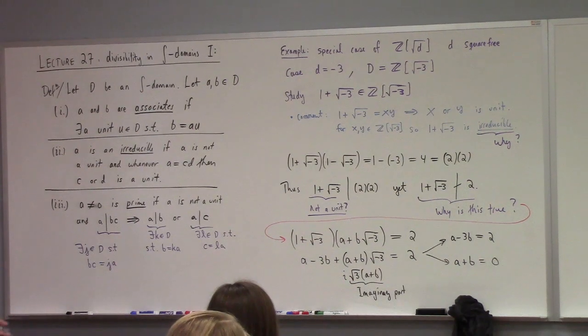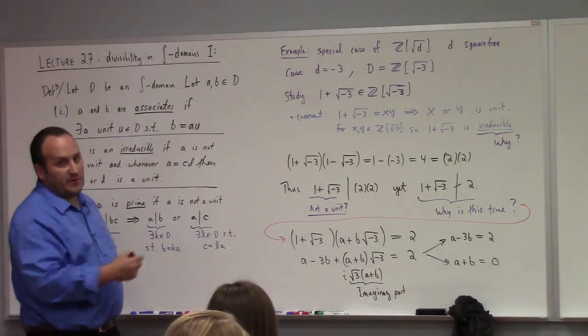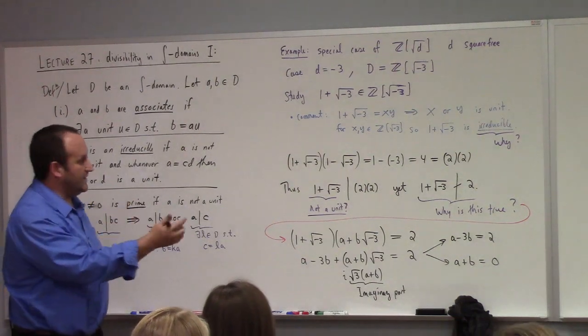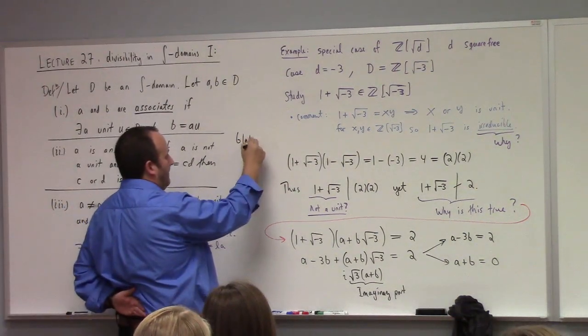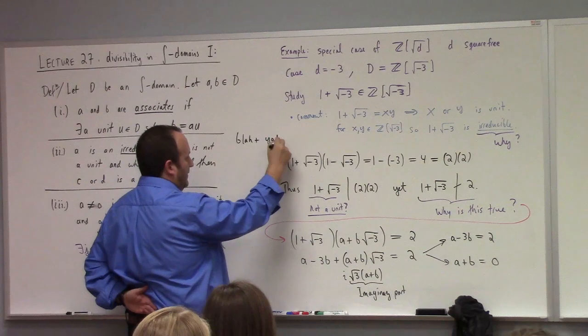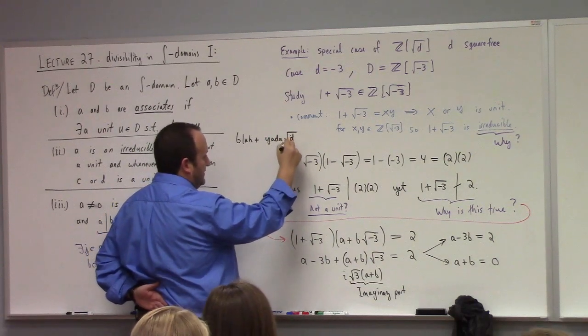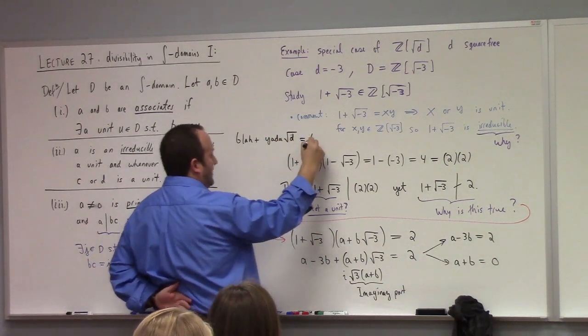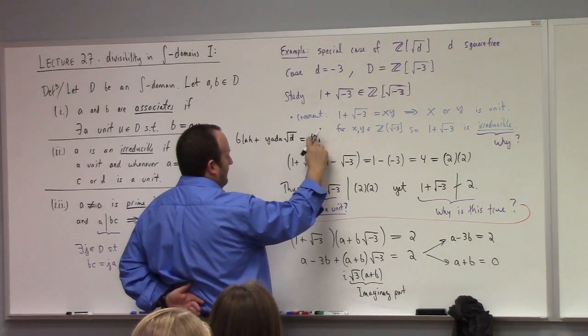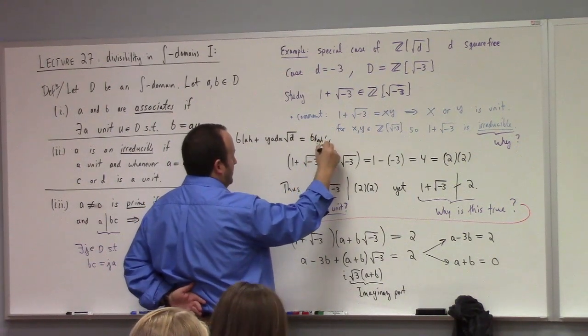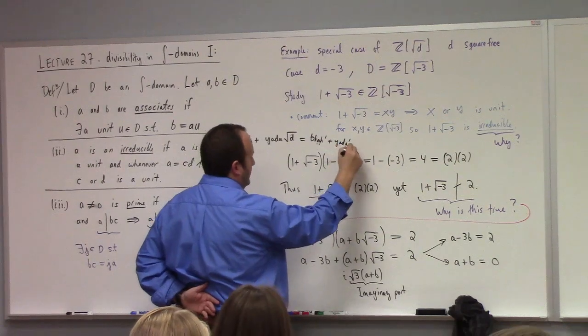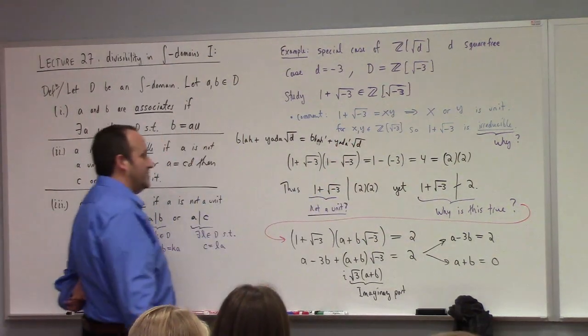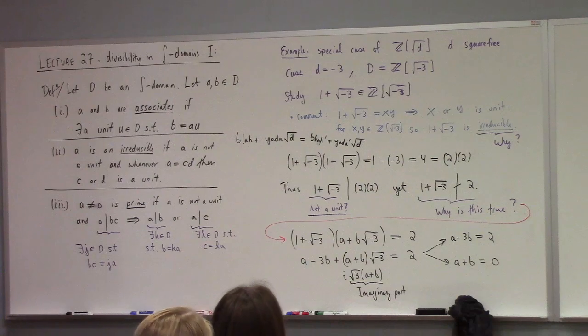But there's a more general result, guys. If d is square free, if you have something like blah plus yada square root of d equal to blah prime plus yada prime square root of d, it follows that blah is equal to blah prime and yada is equal to yada prime, if we're working in Z adjoin square root of d, or if we're working in Q adjoin square root of d.